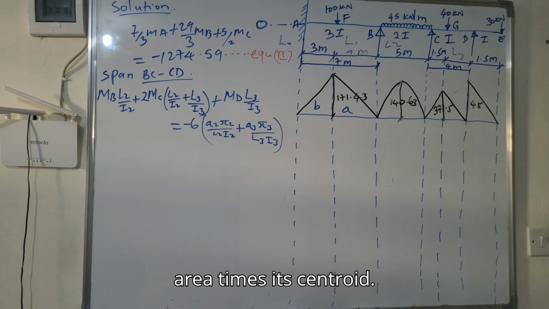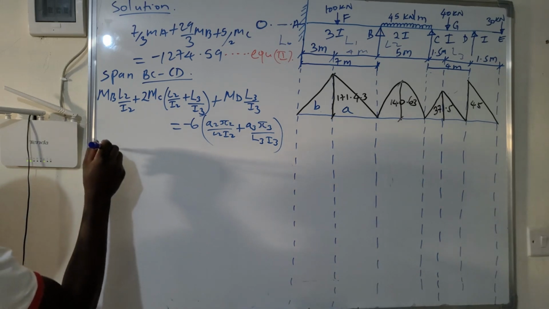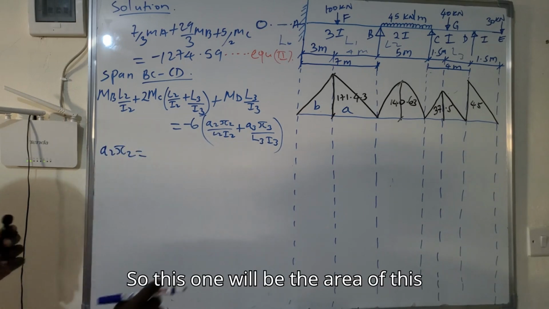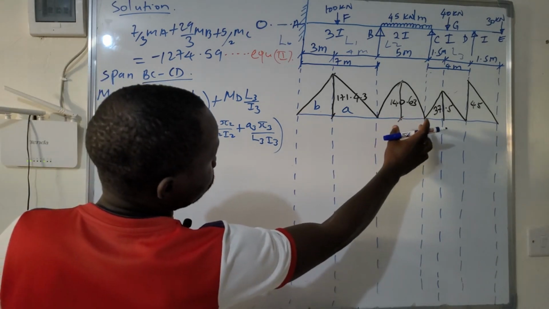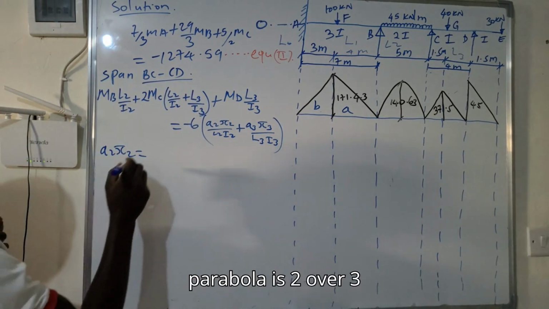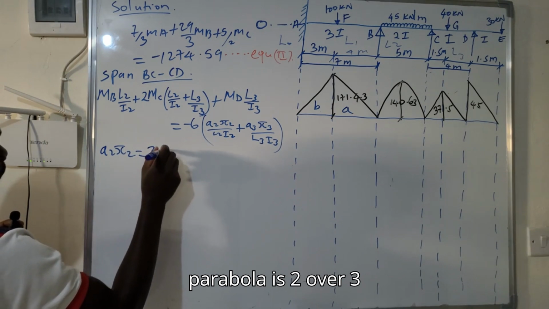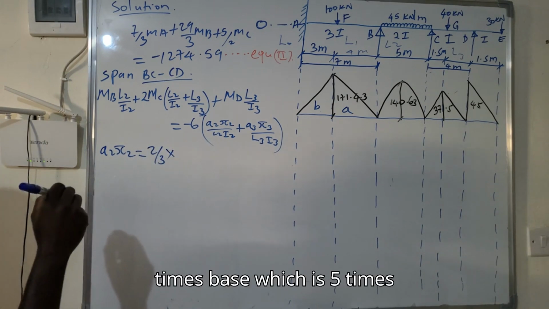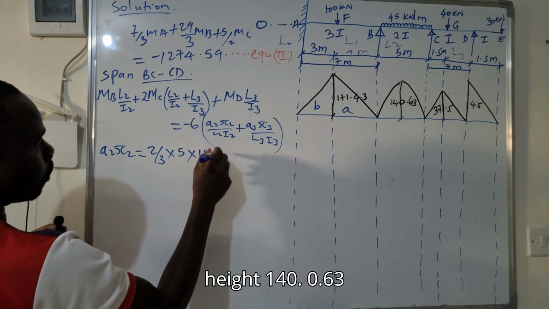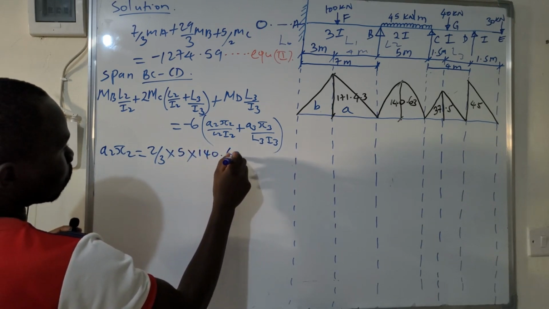area times its centroid. So we have A2 x bar 2. This one will be the area of this times its centroid. The area of a parabola is 2 over 3 times base, which is 5, times height 140.63.